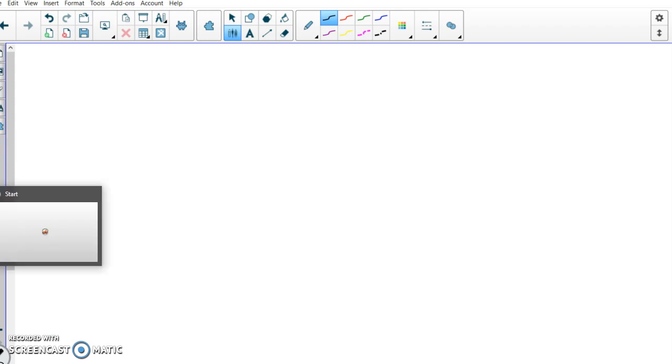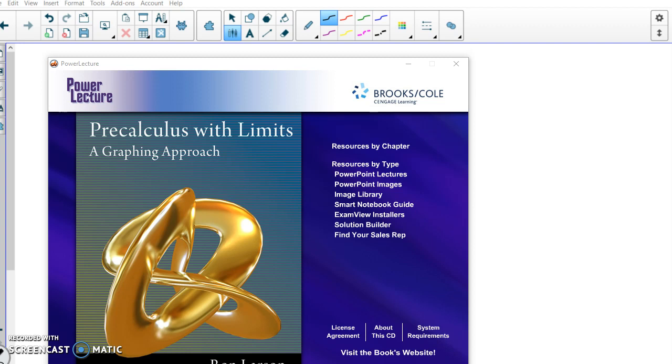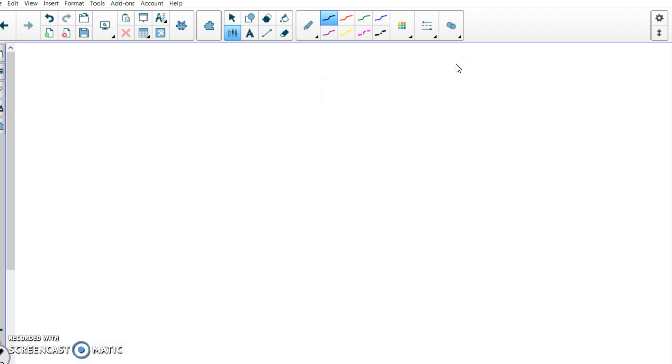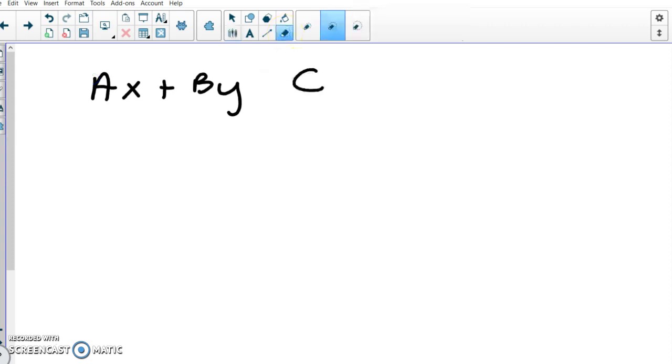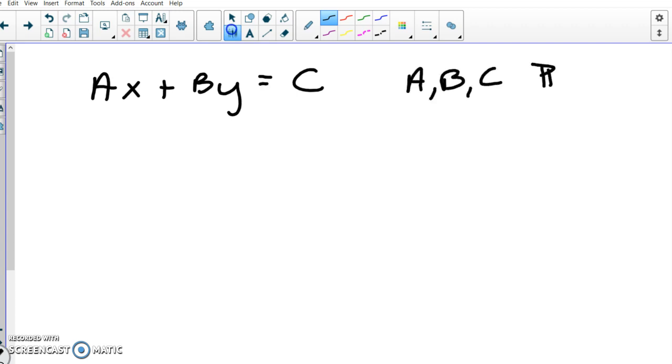And the first thing that we want to talk about is not precalculus, but the standard form of a linear function. Now, don't let this scare you. I don't see any numbers. But that's okay, because A, B, and C are just real numbers.